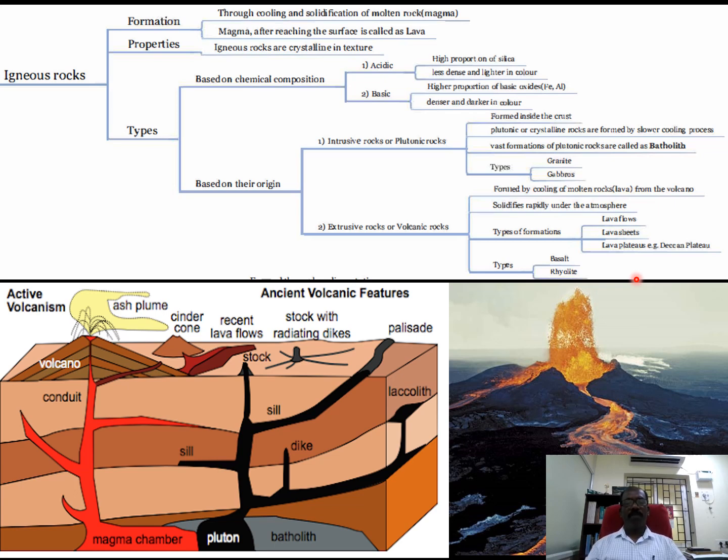For lava plateaus, the best example is our Deccan Plateau. Basalt is one example of this. So this is igneous rocks: how they are formed, what their properties are, and the types of igneous rocks with examples. That is what we have seen in this slide.